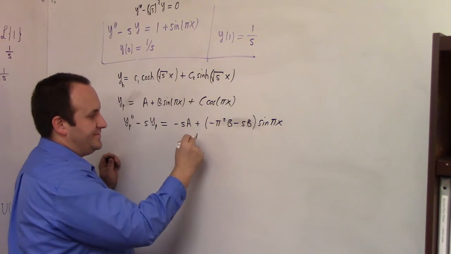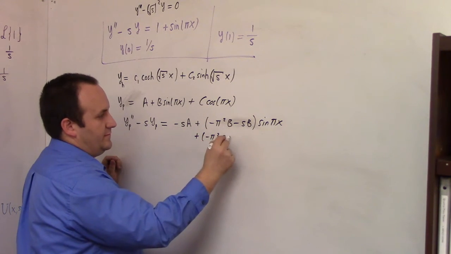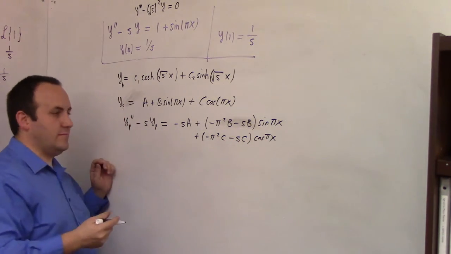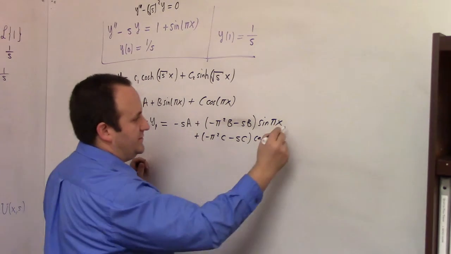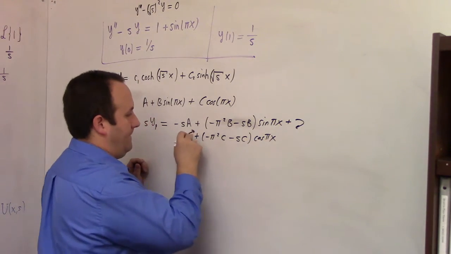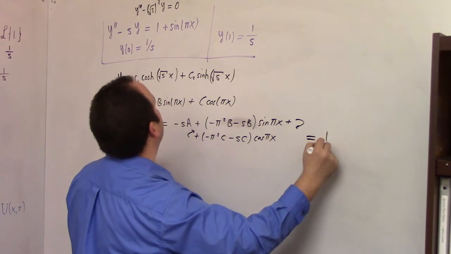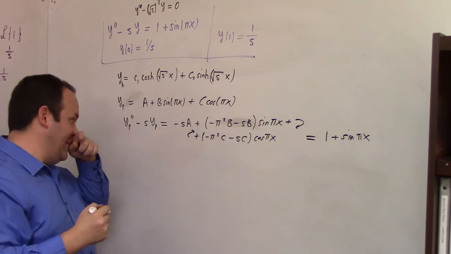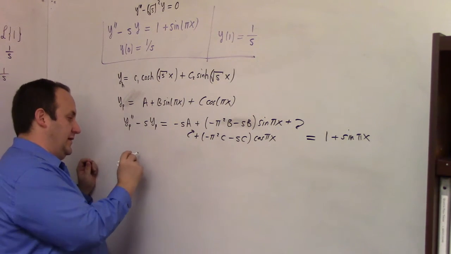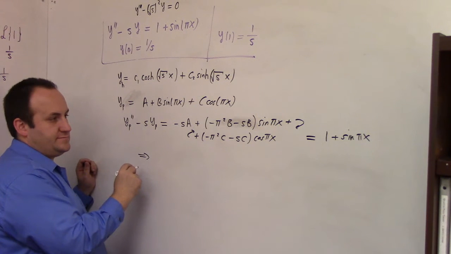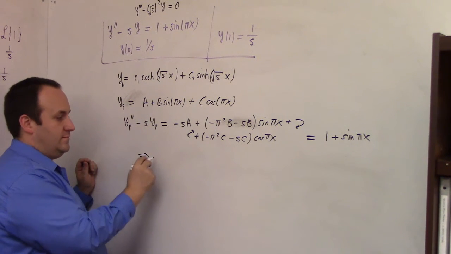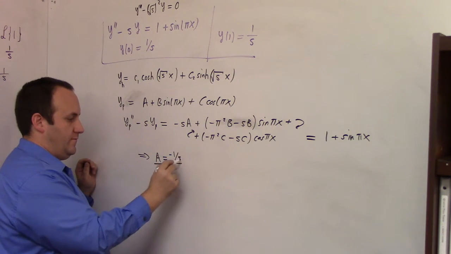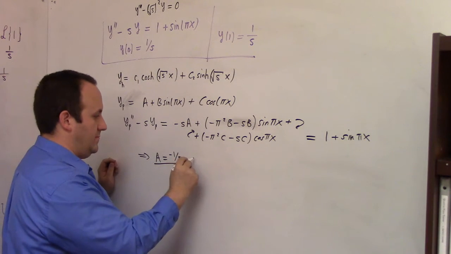And likewise, all of that is supposed to be equal to 1 plus the sine of pi x, right? So that tells me that a is negative 1 over s. And then negative pi squared b minus sb is equal to 1.